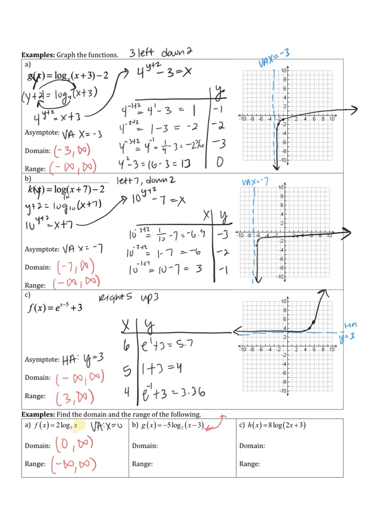So we'll be going from increasing like this to now decreasing like this. So that's what that -5 in the front means, is a reflection over that x-axis.